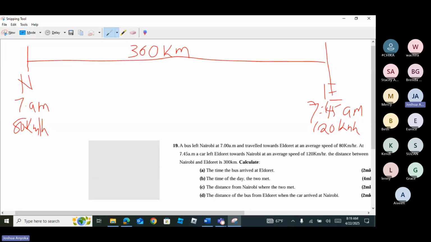So it's kind of straightforward. It's maintaining an average speed of 80. So we calculate time. What is time? Time is equals to distance over speed. Our distance between Nairobi and Eldoret is 300 divided by 80.